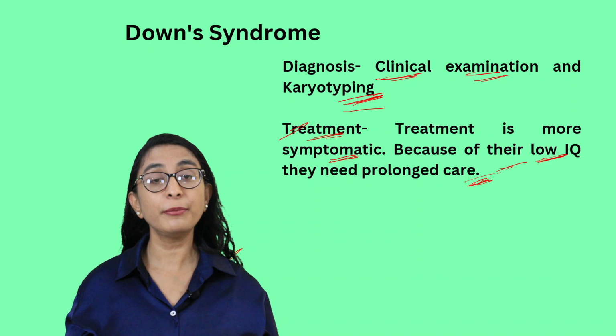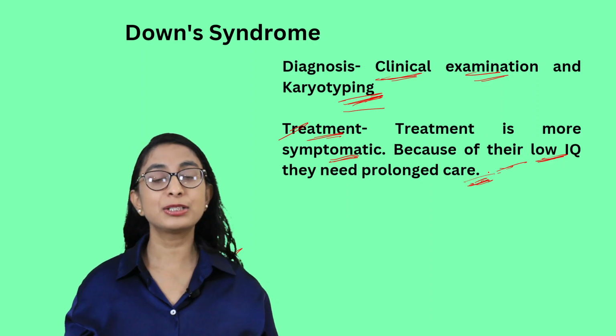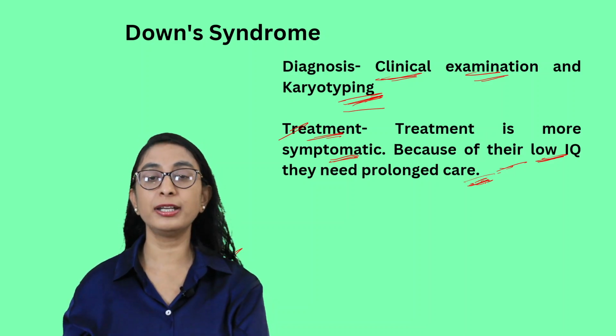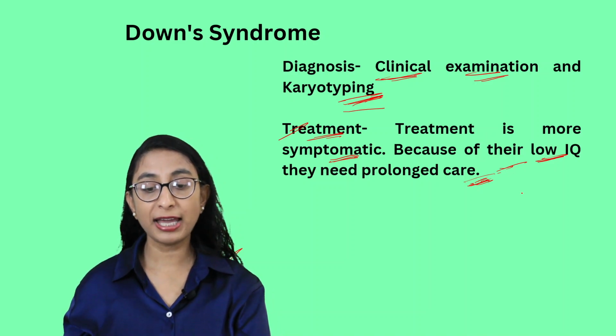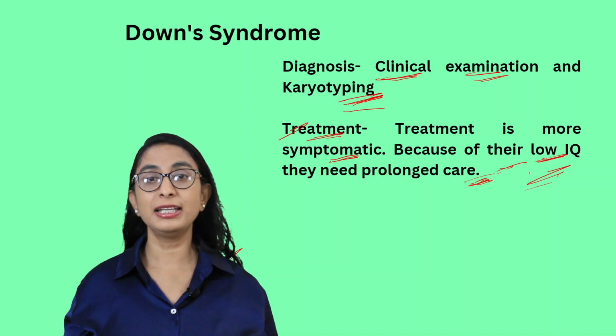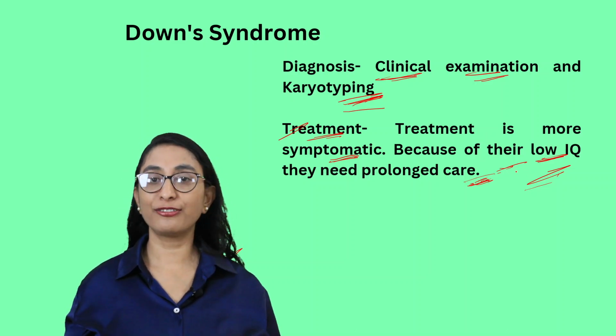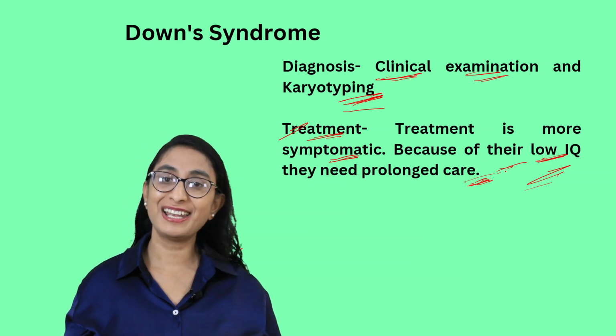But in case of severe mental retardation, they might not even be able to do their activities on their own. In either case, because they have low IQ and physical as well as mental deformities, they have to be under the care of the parents and family for their entire lifelong.